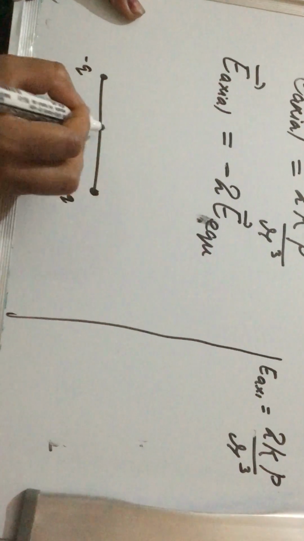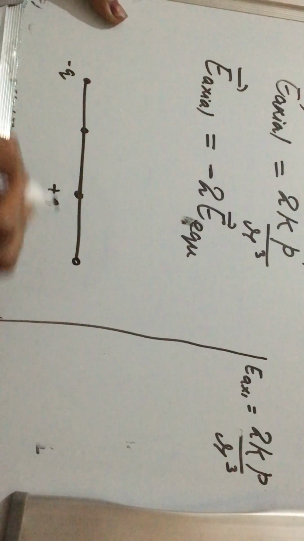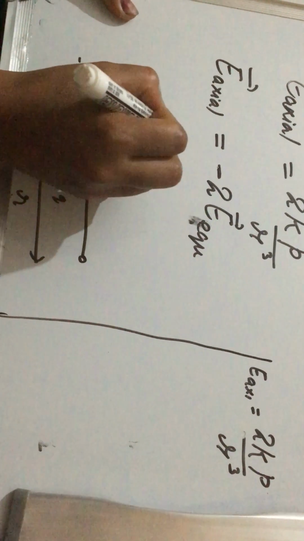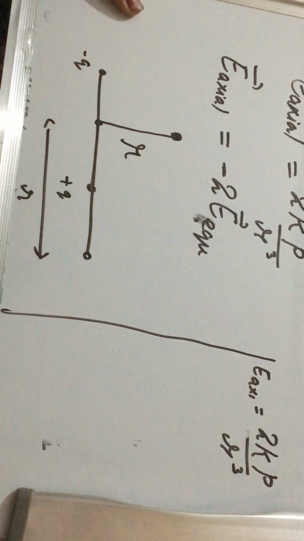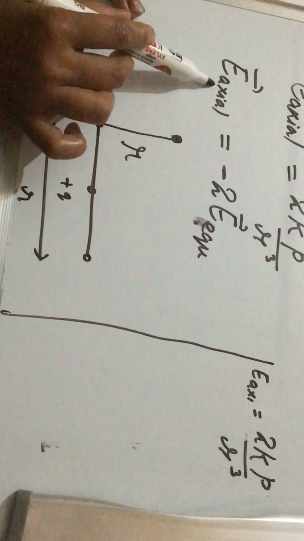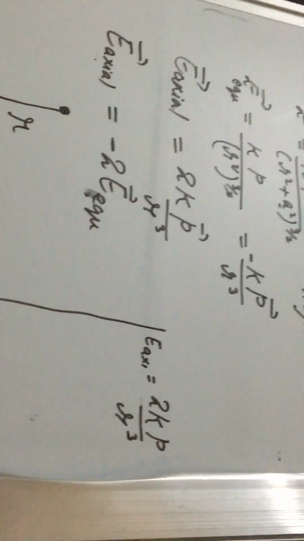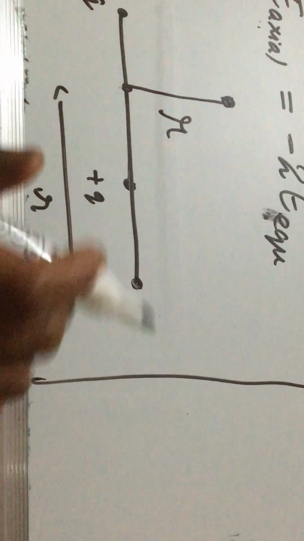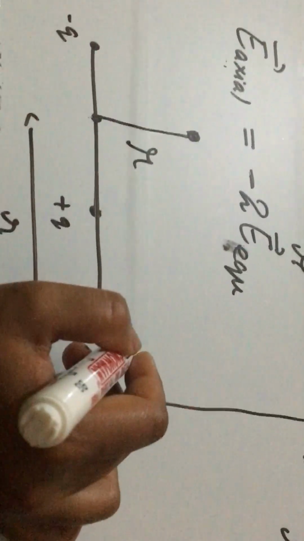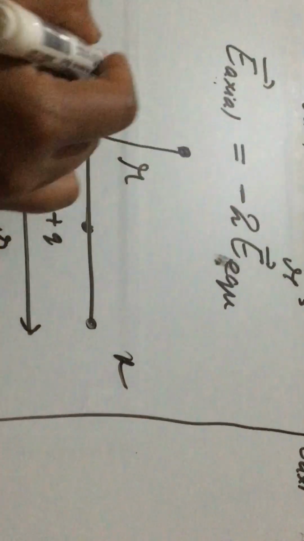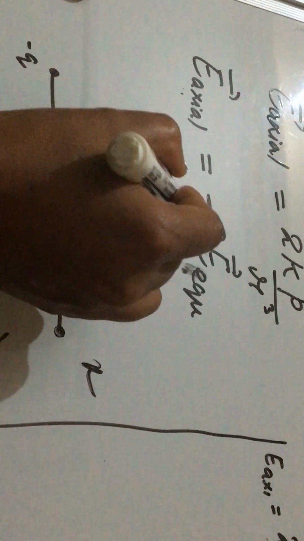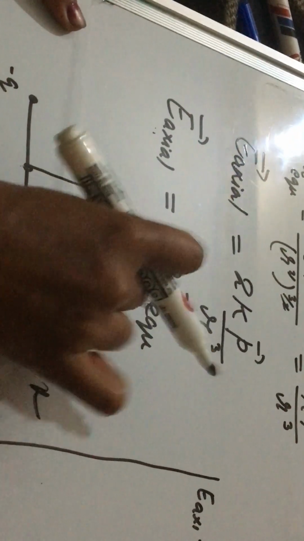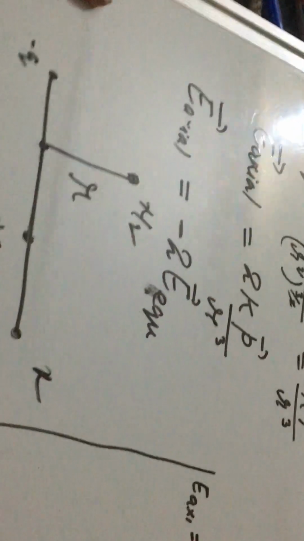The distance r here is also r, here is also r, the same distance. In the axial line, for the same distance, if the electric field is x, then on the equatorial line the electric field will be what? x by 2, right or not? Equatorial line electric field is half of that of axial.